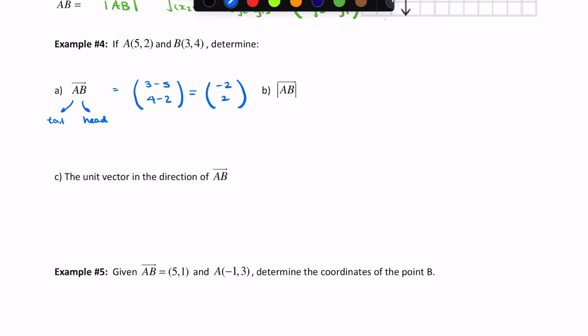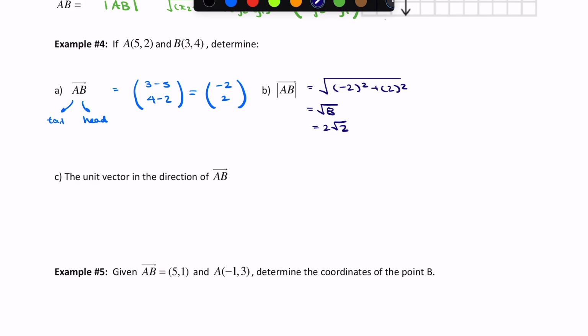And here, the magnitude, again, will be the square root of a squared plus b squared. A here is -2 squared plus 2 squared. And that's equal to square root 8, which is equal to 2 square root 2.